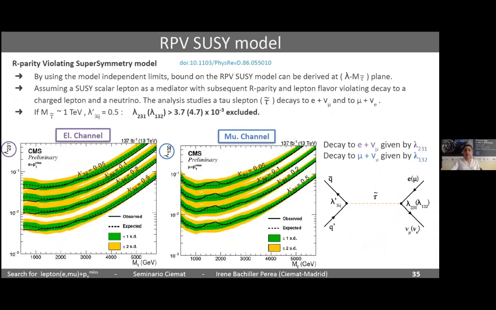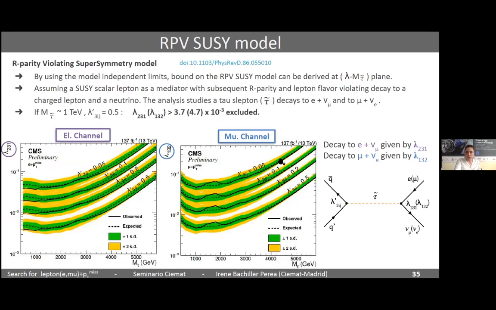The last resonant model is the R parity violating supersymmetry model, where the mediator is stau, and the stau decays into a lepton and a neutrino, and the coupling is called lambda, is different for the case of the electron and the muon, so we have two different limit plots for the two channels, and we set the limit for 4 different values of the lambda prime coupling.